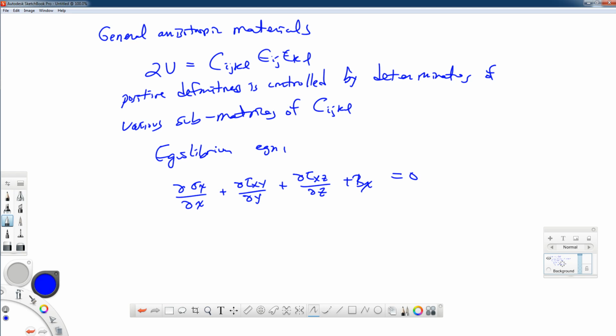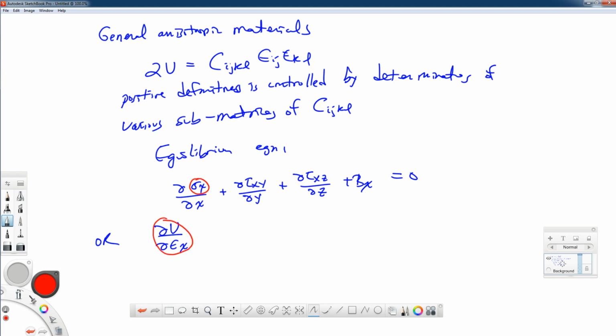Now we know that we can take partial derivatives of a strain energy potential function with respect to strains and get stresses. So we can cast this equilibrium equation in terms of partial derivatives of the potential function U. So the stress sigma x, let's highlight this term, is this term right here.